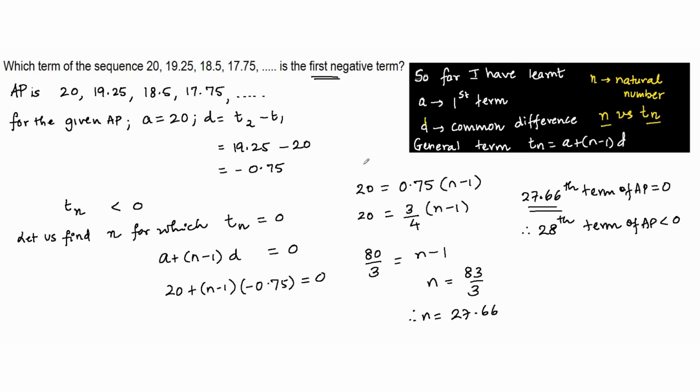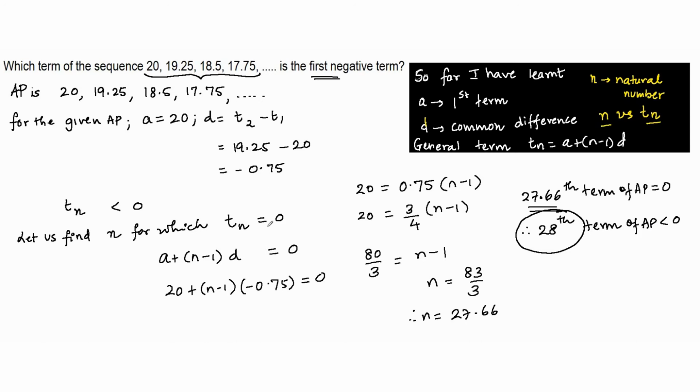And since the 27.66th term is 0, I can conclude that the 28th term is going to be the first negative term. So if you notice, the AP is decreasing here. So at some point the term is going to be negative, right? And the 28th term happens to be that first negative term.